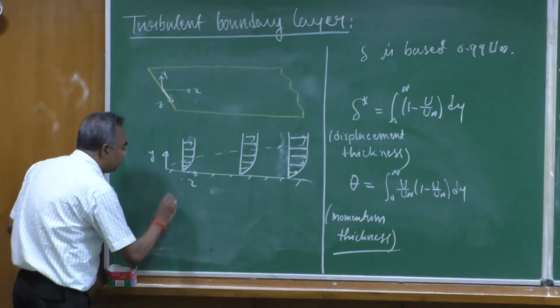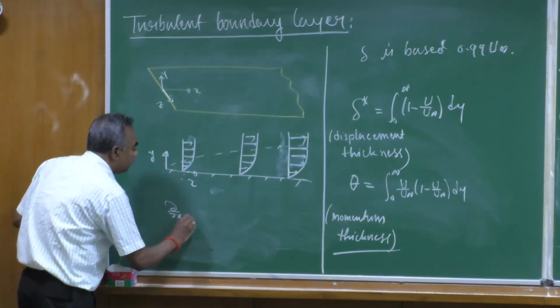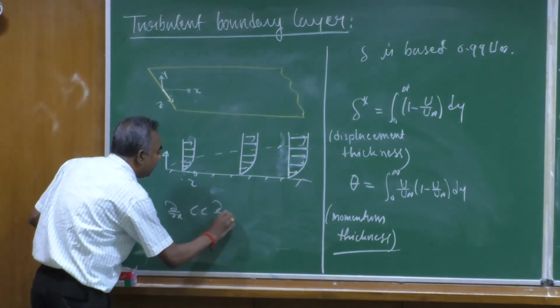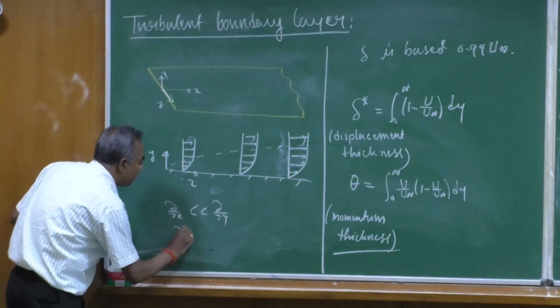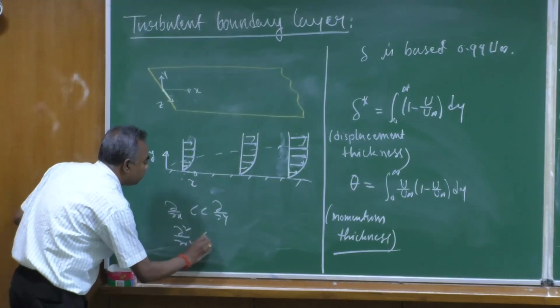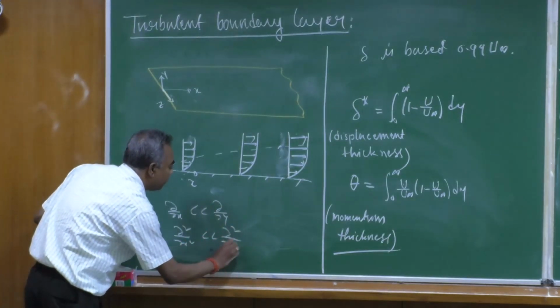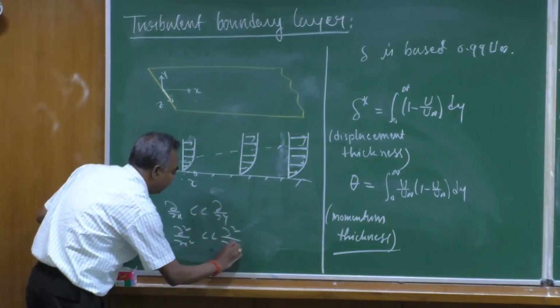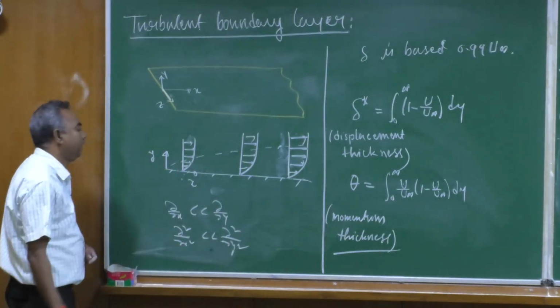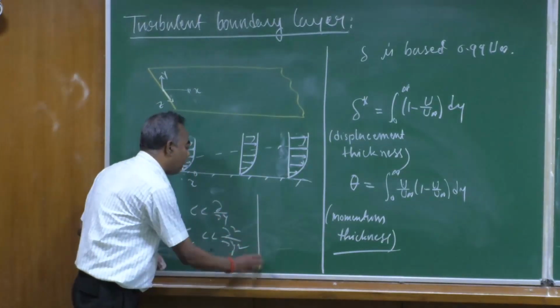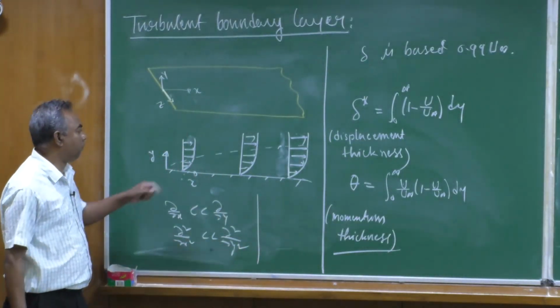So, here the del x terms are much less than the del y terms, or del 2 by del x 2 is much less compared to del 2 by del y 2. Okay. So, this is one point to mention for these boundary layer flows.